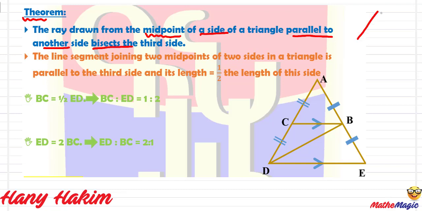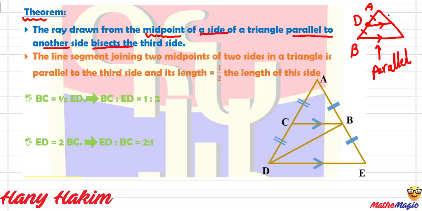For example, if I have a triangle like this, and I located the midpoint, that means that part equals that part. If I refer to that side by AB, and D is the midpoint of that AB, and I draw a line segment starting from D parallel to another side, and these arrows refer to parallel, then I reach another midpoint.